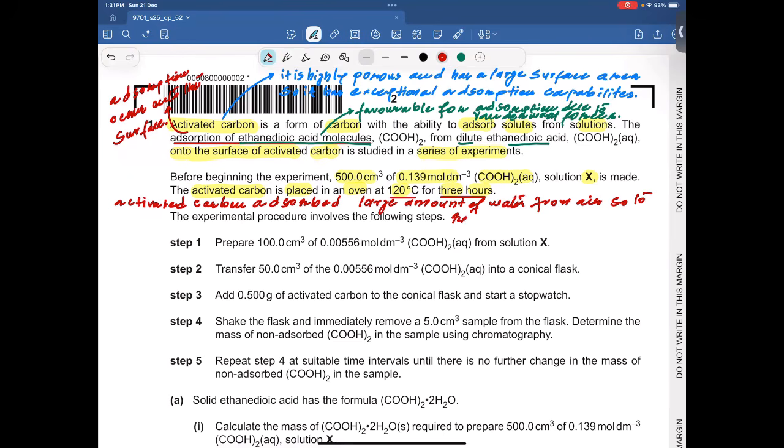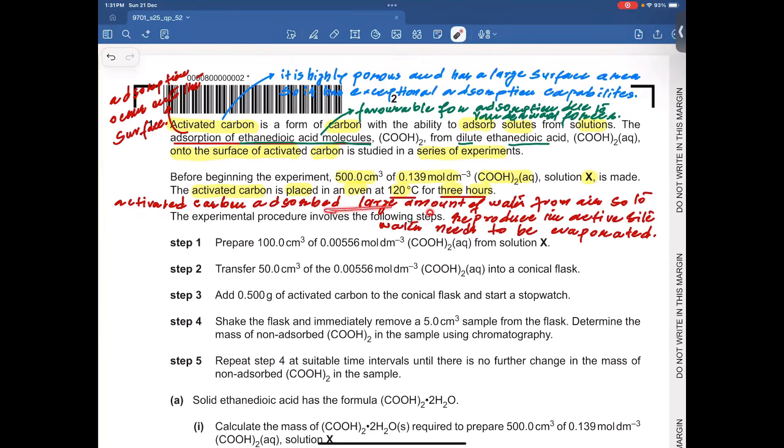So to reproduce the space, water needs to be evaporated. I think space is not the correct word, active sites. So to reproduce the active sites, water needs to be evaporated. This process is also called hygroscopic property, which I've told you in A1 organic chemistry.